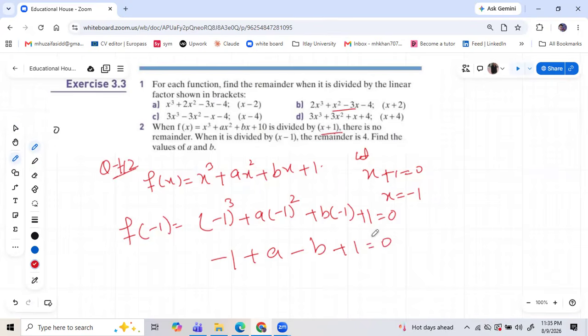Yeah. Okay, so this is your part one of question two. Just a minute, wait. So I'm just thinking about x cubed plus a x squared plus b x plus 10.